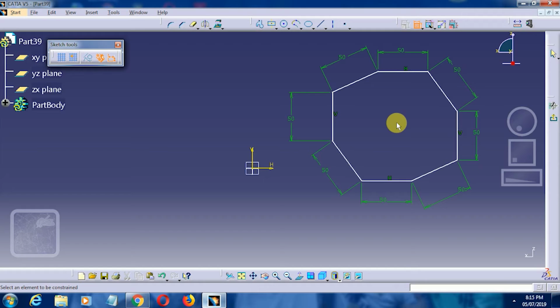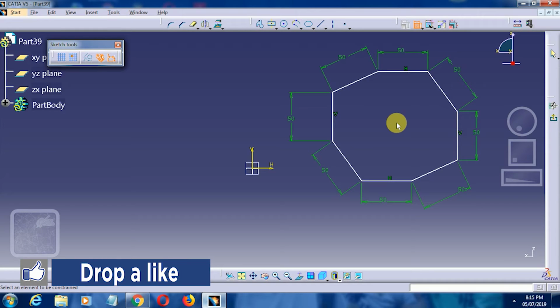We know that the sum of all exterior angles is 360 degrees, and in the case of a pentagon we divided 360 by 5 because it has 5 sides. In case of a heptagon we divided 360 by 7. In case of an octagon we will divide 360 by 8 because an octagon has 8 sides. So 360 divided by 8 will be 45 degrees.